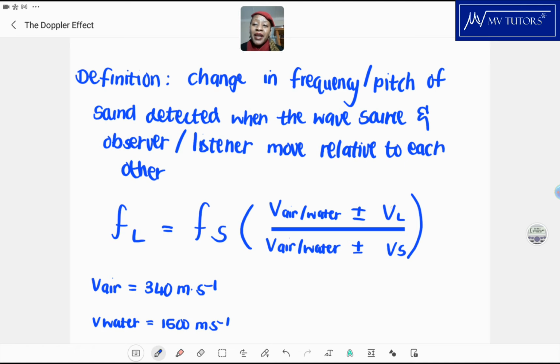Then plus minus the velocity or speed of the listener over the speed of sound plus minus the velocity of the source. They will give it to you: the speed of sound in air is 340 meters per second, and in water it's 1,500 meters per second.